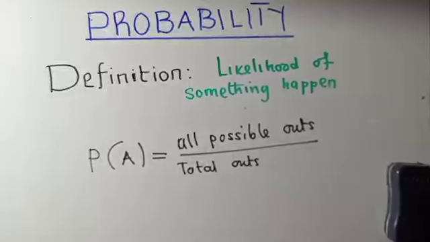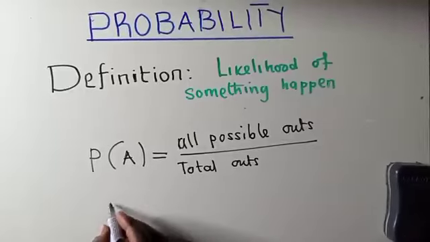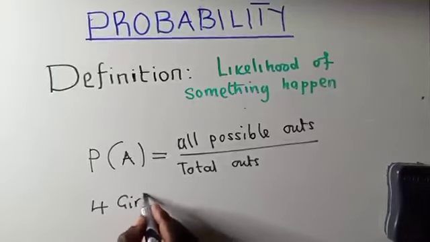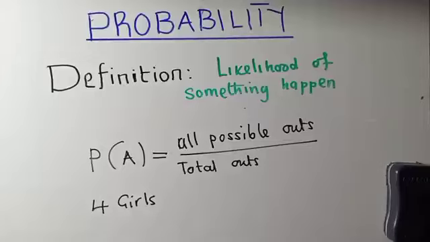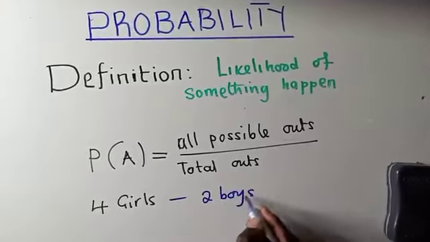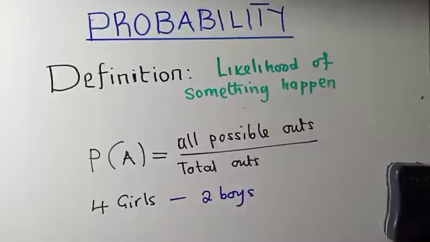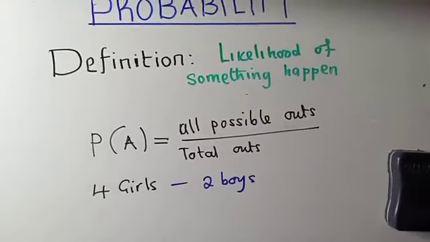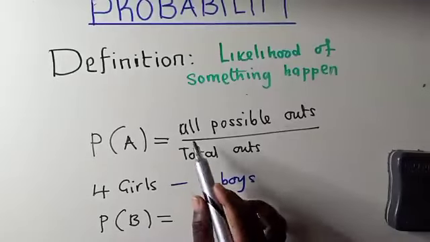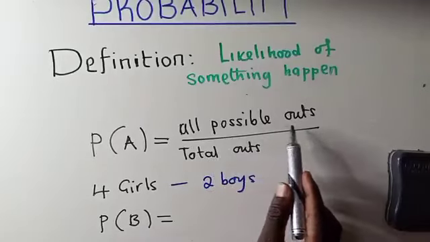So like what I just talked about, let's say you've got 4 girls there and 2 boys. I want to explain how this formula works. And they ask you to find the probability of picking a boy. So what do you do here? You use this same formula. You say probability of picking a boy, this is the event that we're talking about, is equal to all possible outcomes.